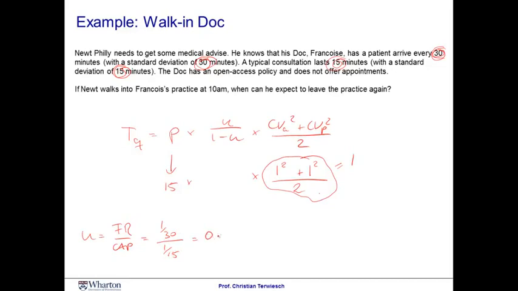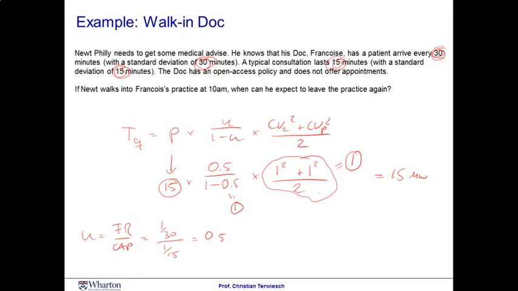Then I have a utilization of 50%. In other words, if I plug this in, this middle factor here is simply 50% divided by 1 minus 50%, which is equal to 1. So the total wait time thus is 15 times 1 times 1 equals 15 minutes.